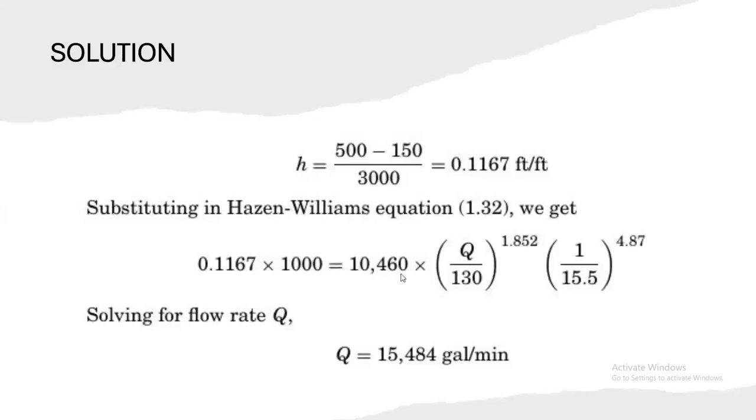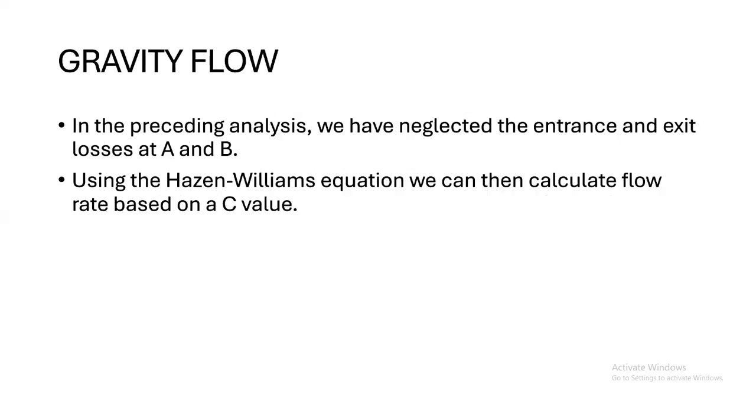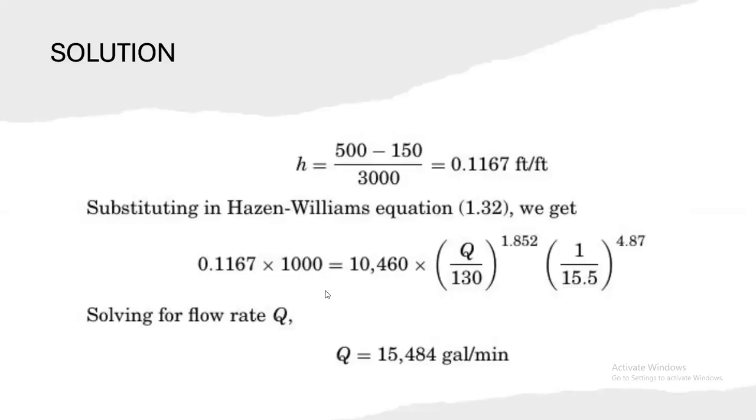So we want to calculate the head loss in feet per foot. So 550 minus 150 divided by 3,000, which is the pipe length. You get 0.1167 feet per foot. Substituting into the Hazen-Williams equation, we multiply by 1,000, because if you remember, the Hazen-Williams equation calculates per 1,000 feet.